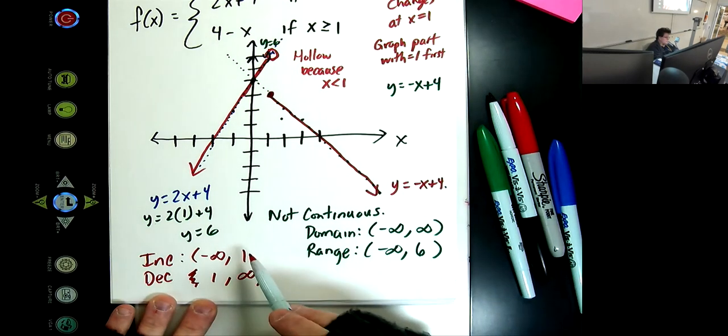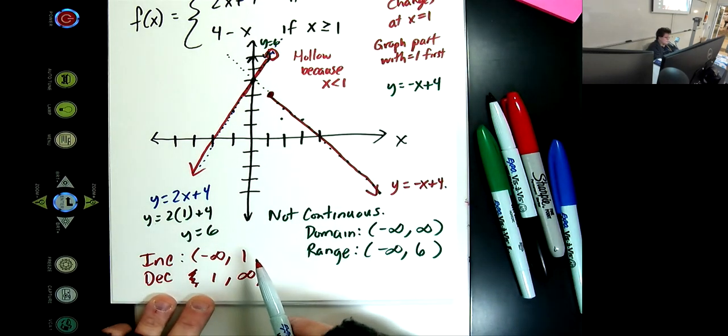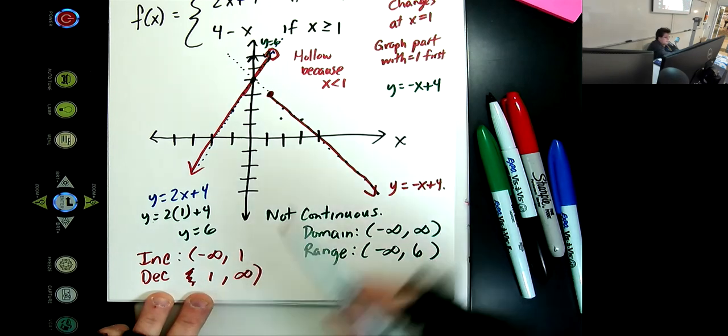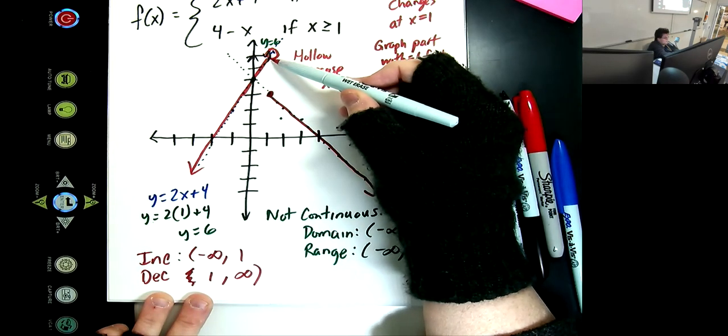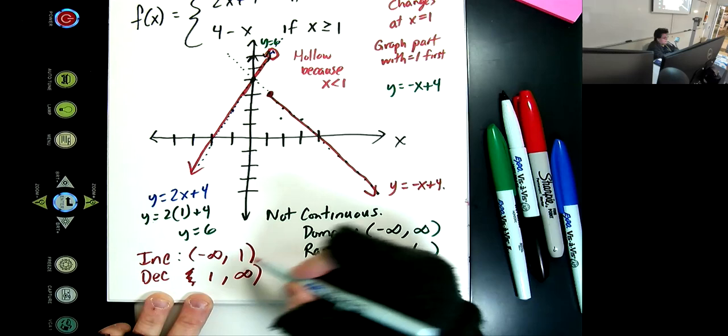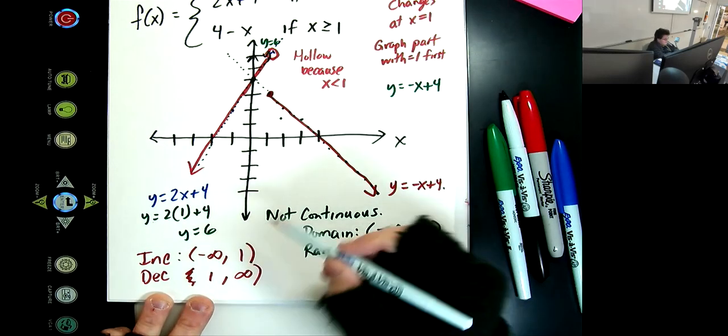So that's what you said, but the only thing we have to make sure of is that we do the brackets right. The increasing doesn't actually include the 1, so we're going to put parentheses here for increasing.